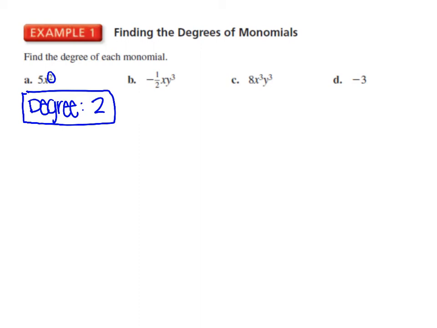In letter B, the x has a power of 1 and the y has a power of 3. So if I take 1 plus 3, the sum of the exponents tells me my degree in letter B is 4, or that this is a 4th degree monomial.